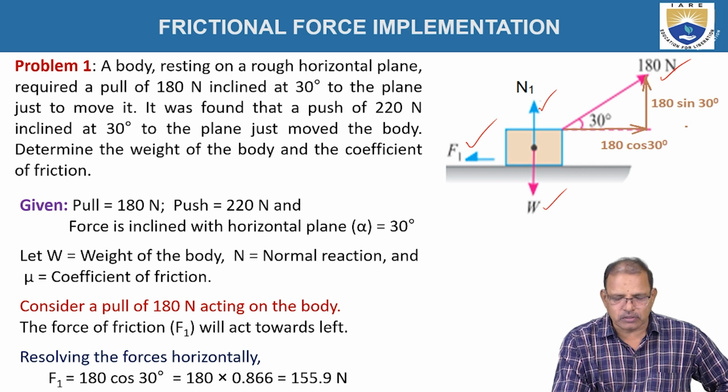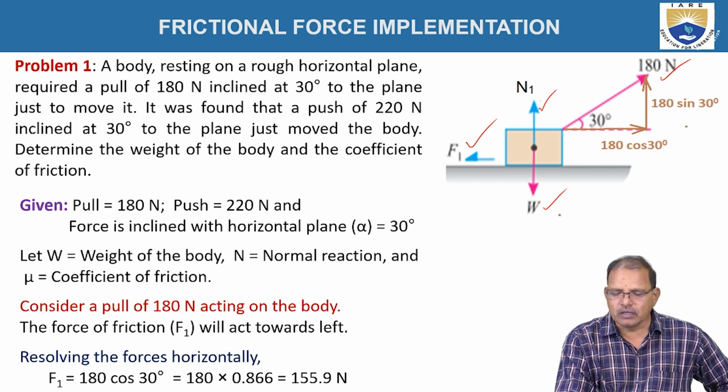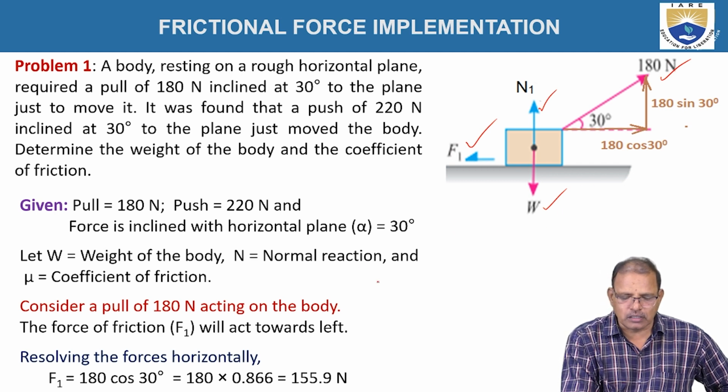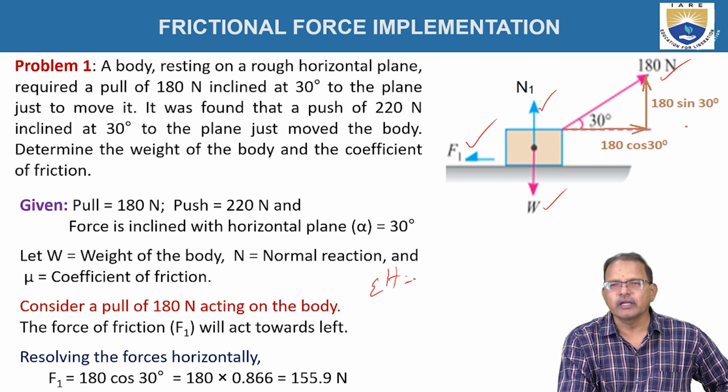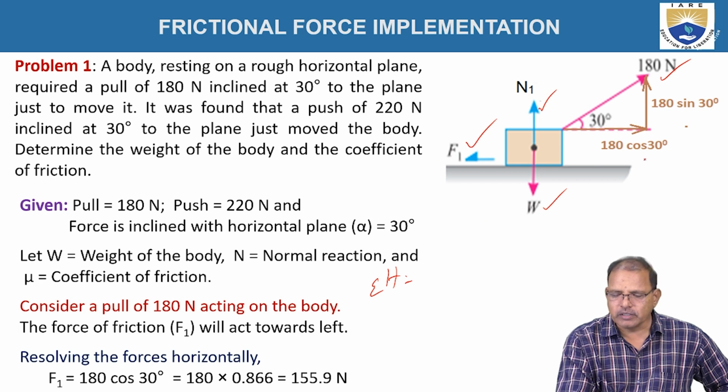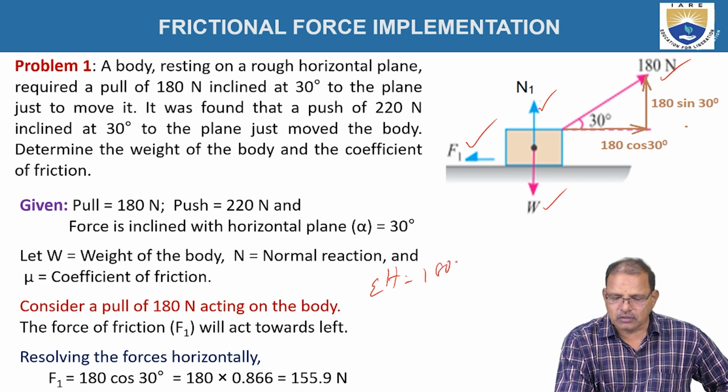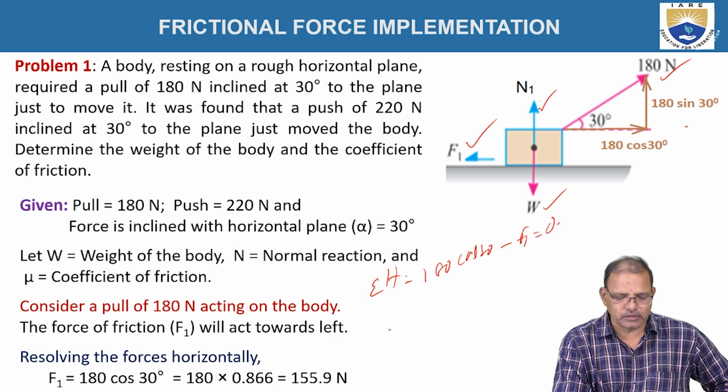According to this problem, the sum of horizontal forces, sigma H, is equal to 0. We take the sum of the horizontal components acting on the body: 180 cos 30 minus F1 equals 0.